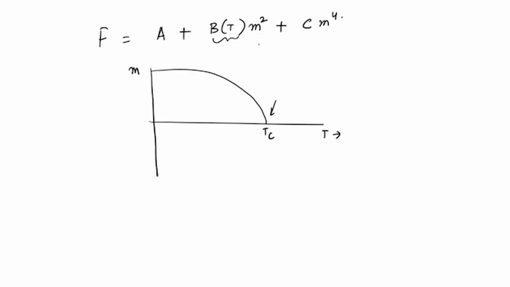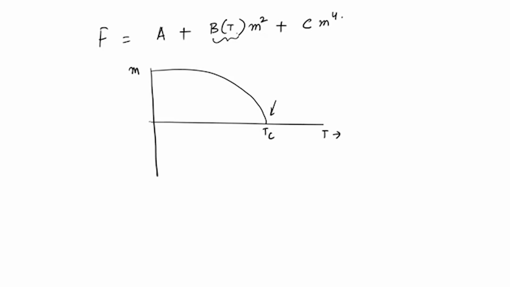So, the free energy is expanded in terms of the order parameter, and it is important for one to note that only the even powers are present, because odd powers would make these terms acquire a negative sign as m goes to minus m, which in this case is not acceptable.